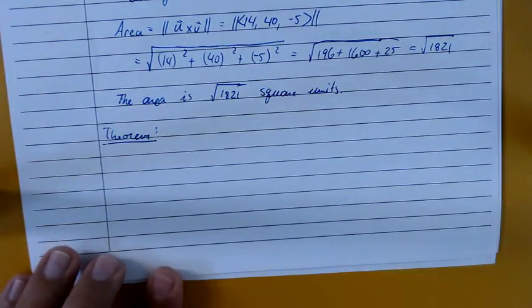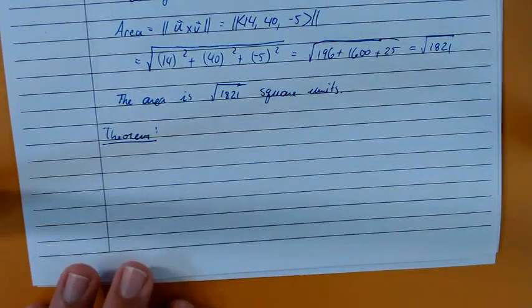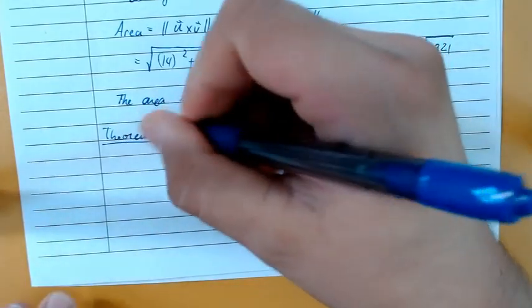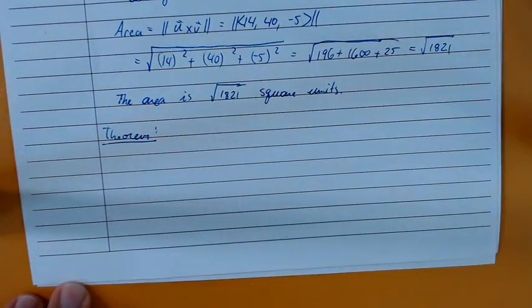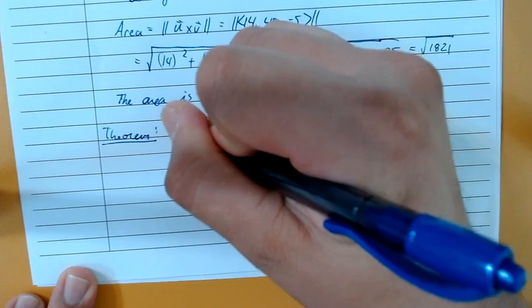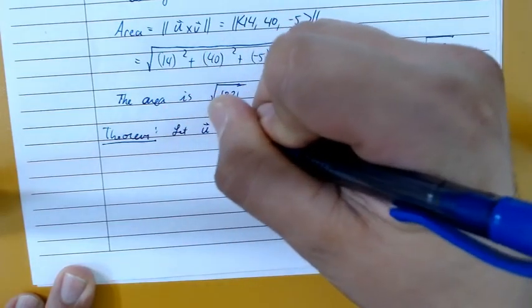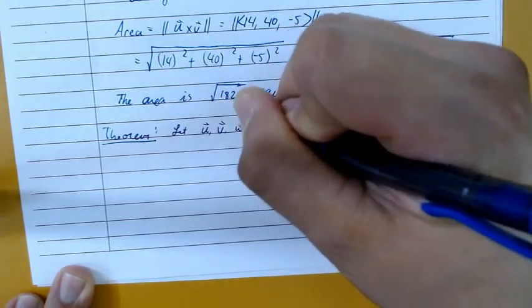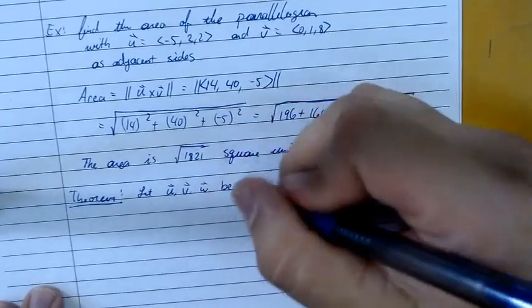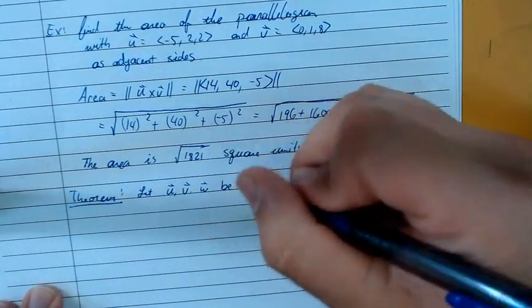In this theorem, we're going to define the triple scalar product and one of its results. All right? So let's see here. We're going to start off with three vectors. We'll say u, v, and w. Let u, v, and w be, let's let these be non-zero vectors.